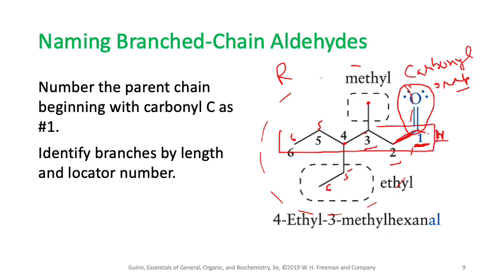So this is your parent chain, and everything that is not part of the counting is your substituent. This is your one substituent: one carbon is meth, and if you remember, the substituent name ends with YL, so methyl.